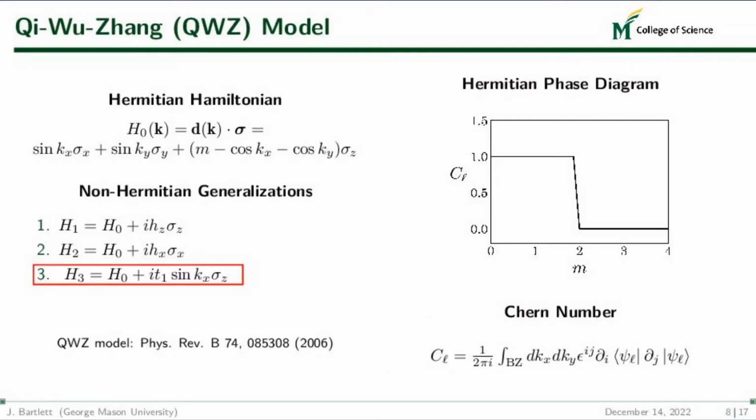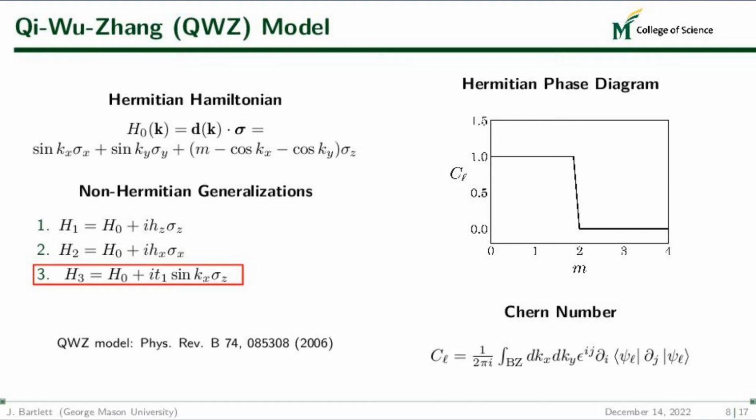If we look at the H0 Hamiltonian, the sigmas are the Pauli matrices, and the sine and cosine terms are hopping terms. The M term is an on-site term, or the Dirac mass term.